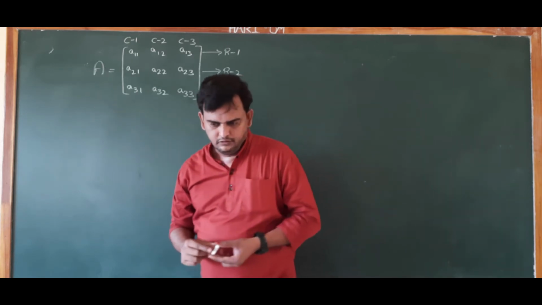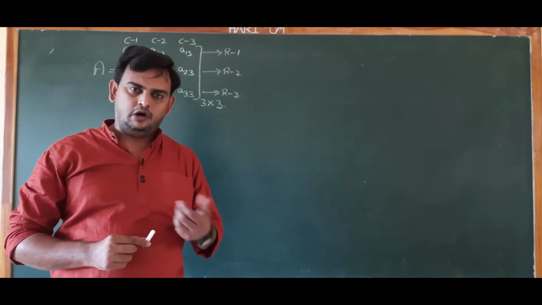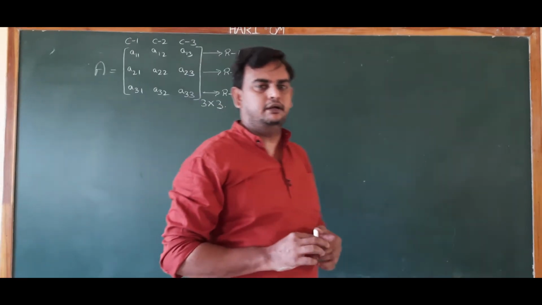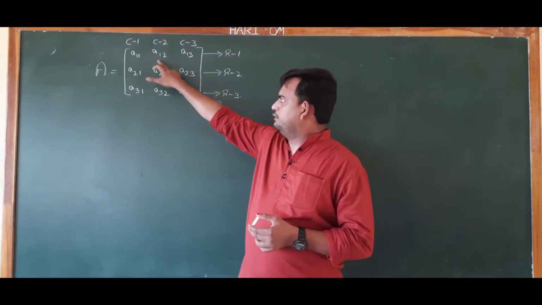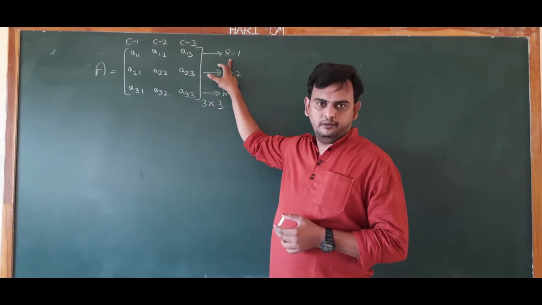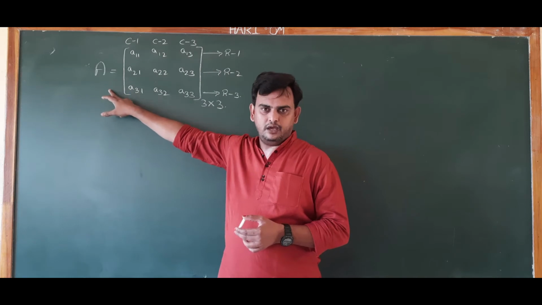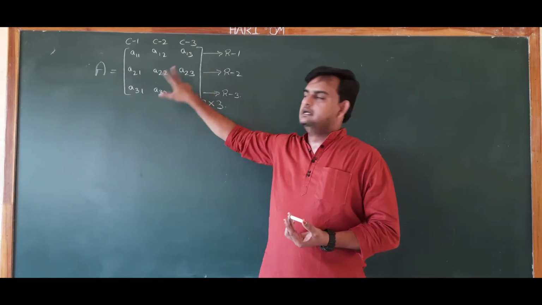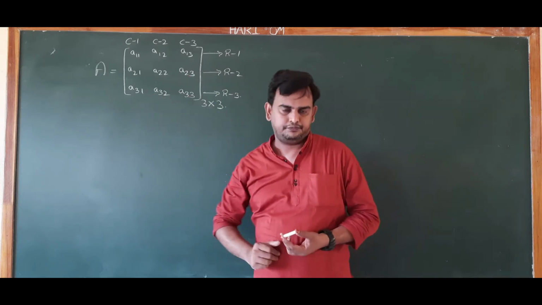First, we need to choose a row or a column, and with that row, we need to expand. Suppose I have chosen row 1 and I am expanding the determinant of A with the help of row 1. Expanding means converting the 3 by 3 square matrix into 2 by 2 form.